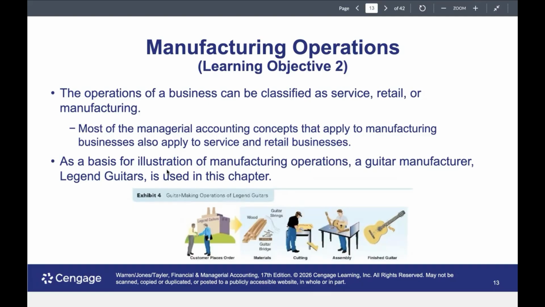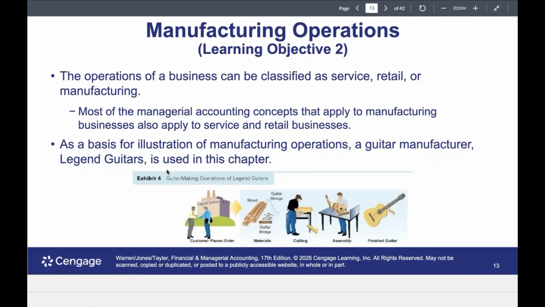So, for an example for the rest of this chapter, we're going to use the example business Legend Guitars. Legend Guitars is a guitar making operation, so it's a guitar manufacturer. Their operation looks like this. A customer places an order.